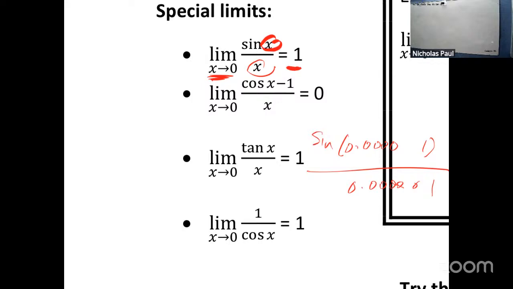It's sine of the value divided by the value.